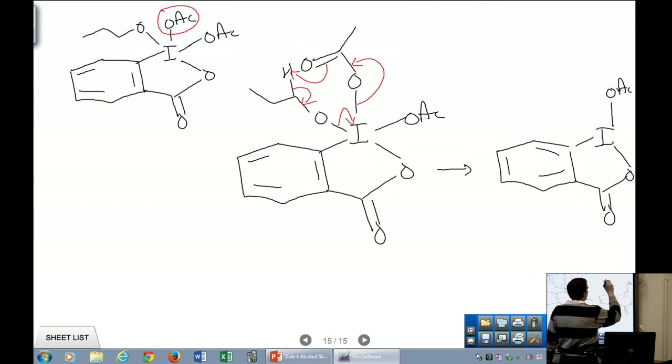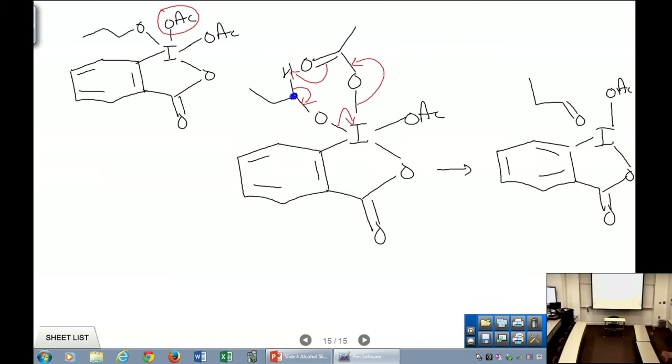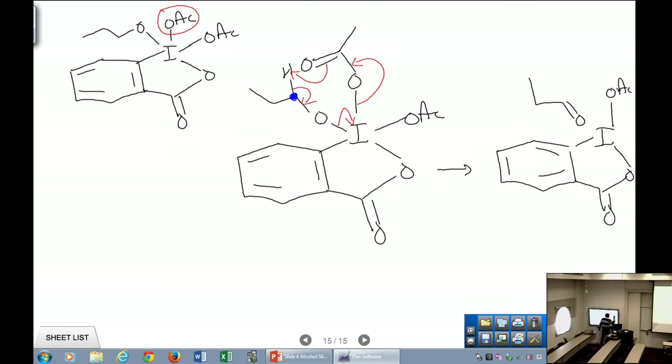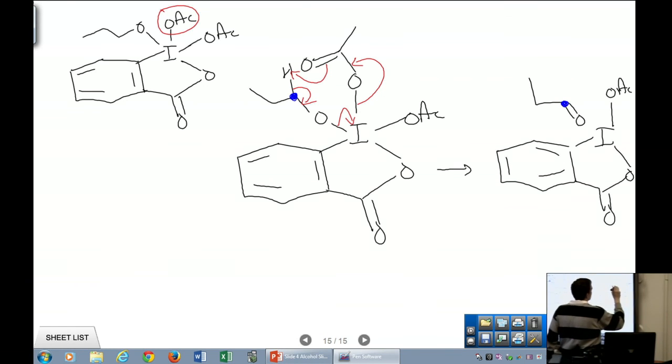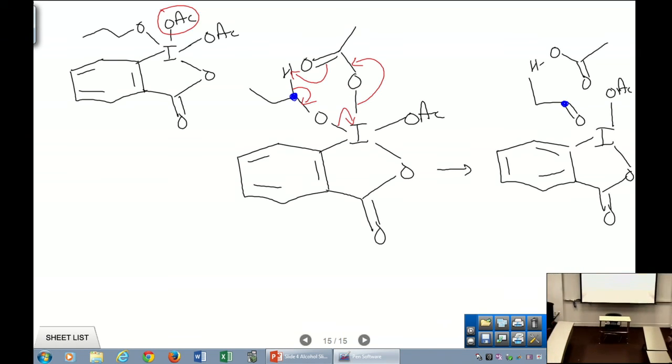Right, so if I don't move the oxygen, I end up with, there's my aldehyde. This carbon right here, will make it blue, so it sticks out, is this carbon right here. And then if I just draw it as it kind of is, that's my acetate.